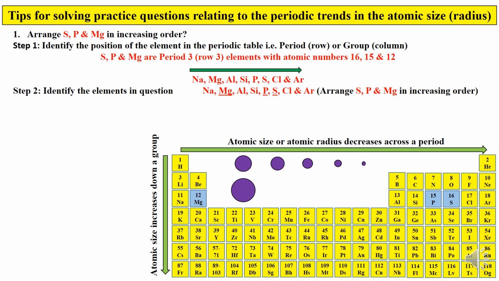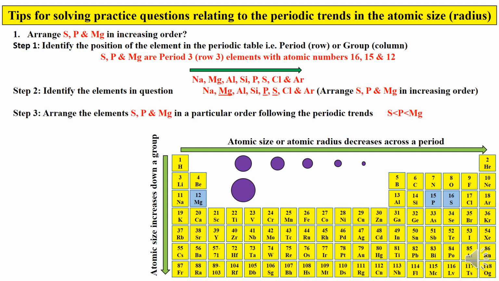After this, the next step will be to arrange the elements in the particular order. So what is the order they have asked? You have to arrange sulfur, phosphorus and magnesium in increasing order. You should be very careful about using the mathematical signs, increasing and decreasing order.